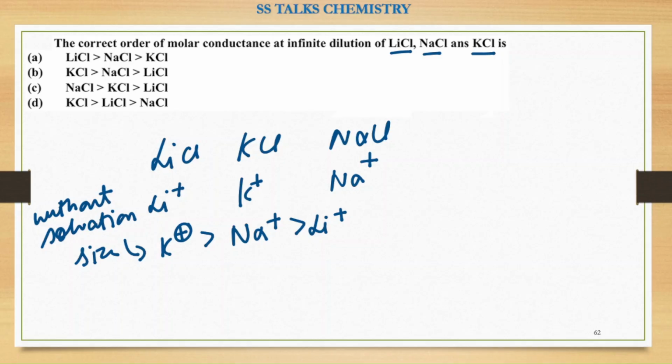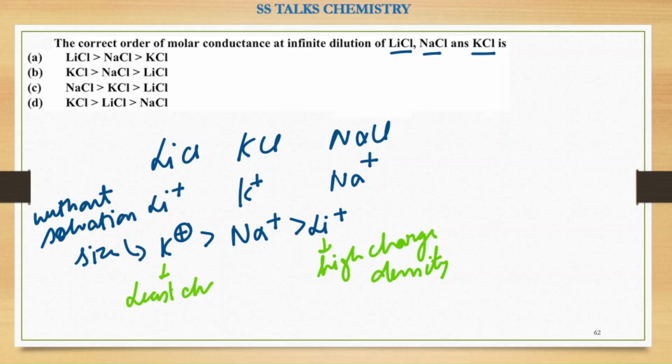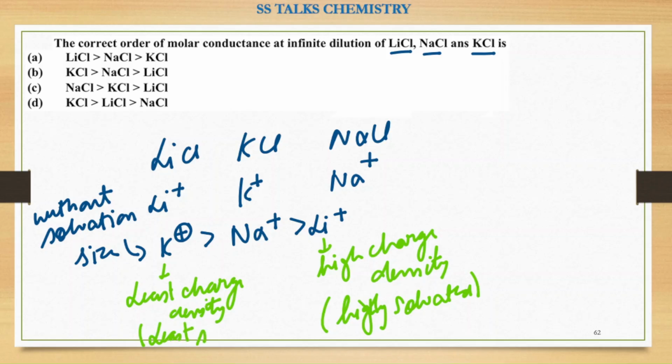But being the smallest in size, Li+ has the high charge density, whereas potassium has the least charge density. Based upon the charge densities, Li+ is going to be highly solvated, because it attracts more water molecules towards itself due to the high charge density, and K+ is going to be least solvated.